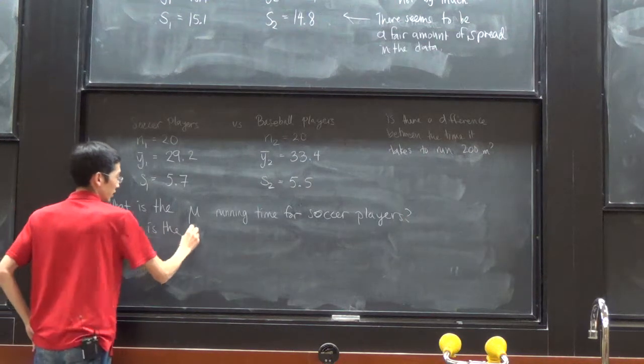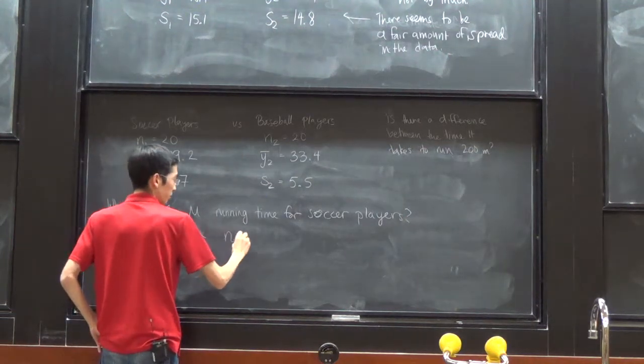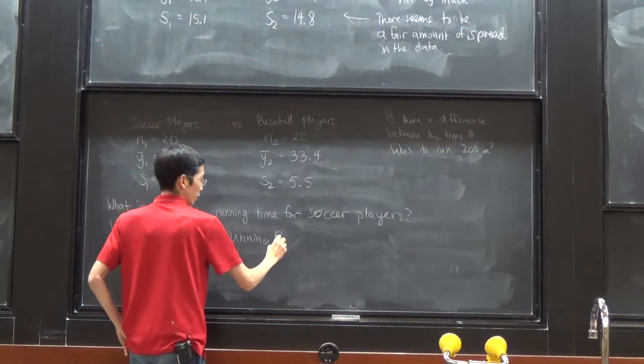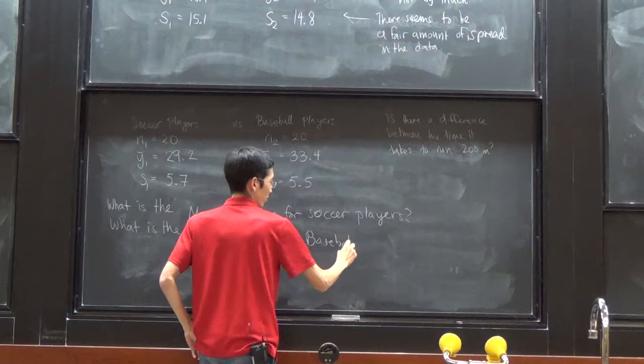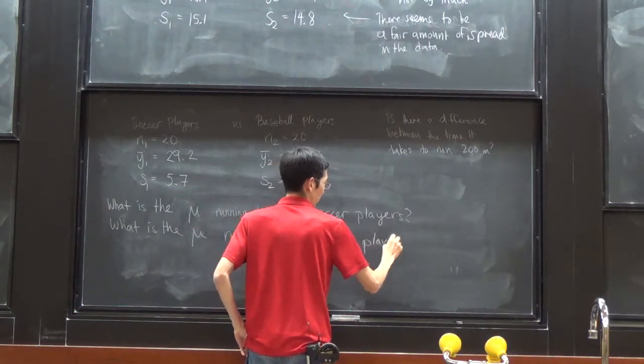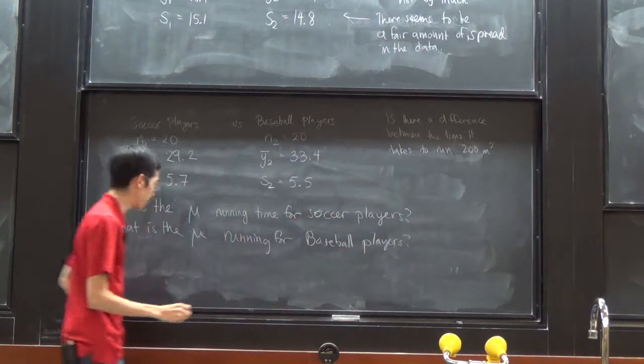What is the mean running time for baseball players? And is there a difference?